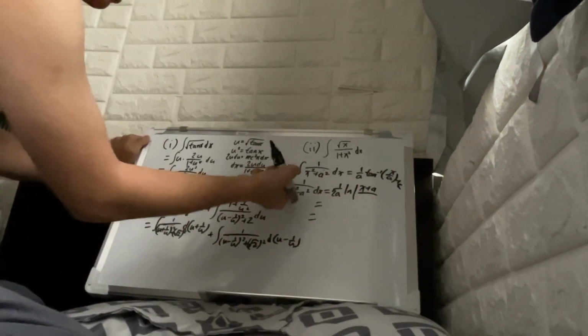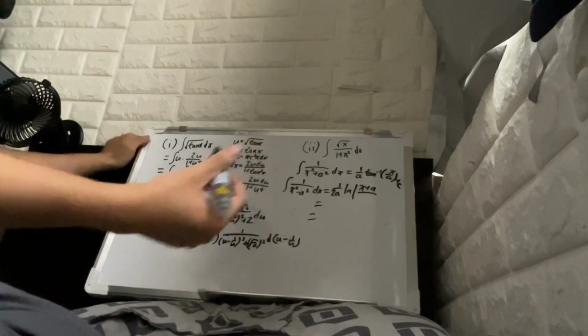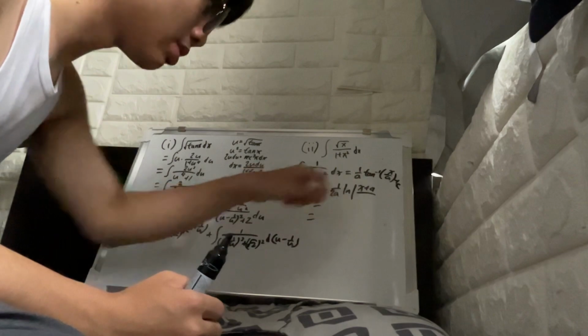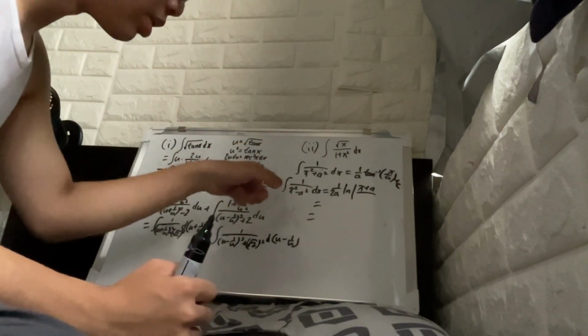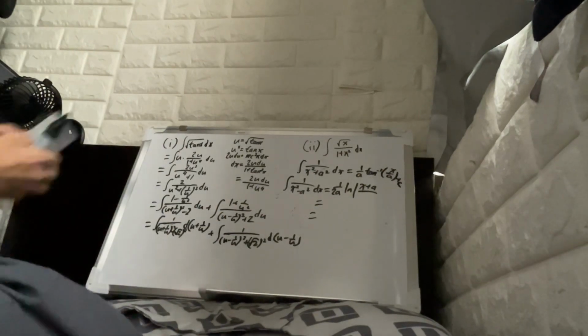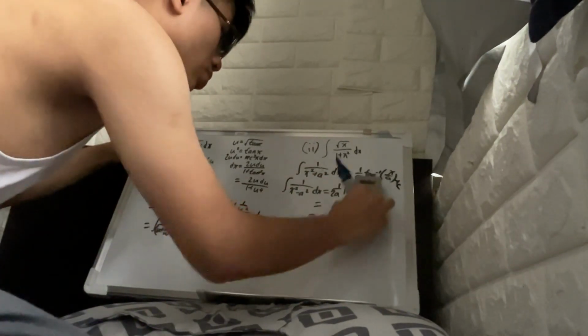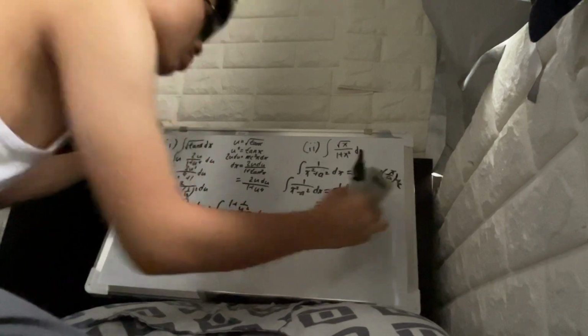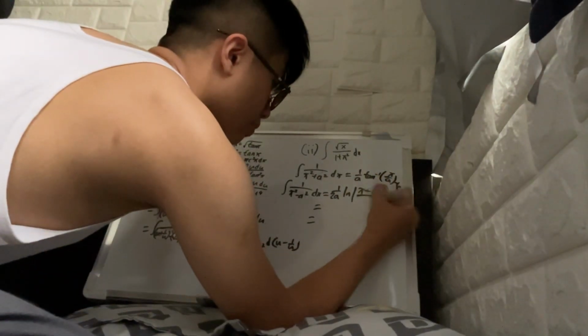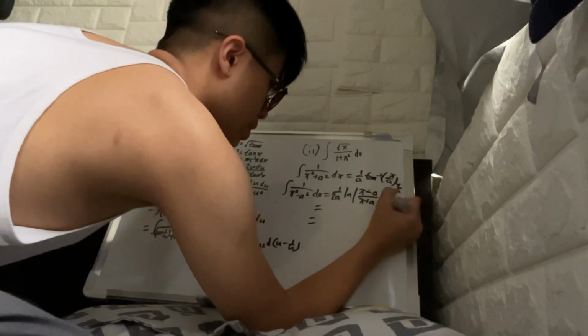But this time it is x squared minus. The integral of 1 over a squared minus x squared is this. But we switch the sign, we need a negative. And then put the negative inside, you just need to switch the order. X minus a over x plus a plus c.